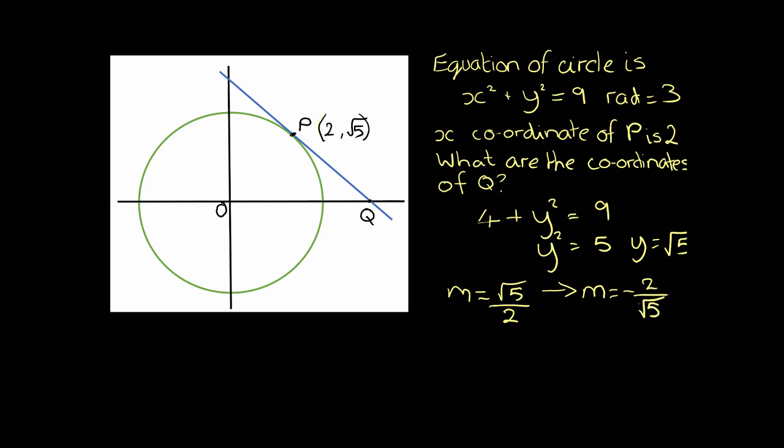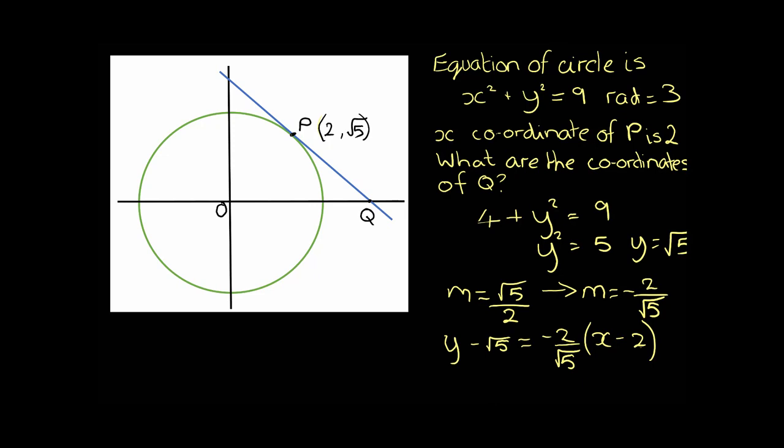The equation of the line that goes through P and Q is going to be y minus root 5 equals minus 2 over root 5 brackets x minus 2.